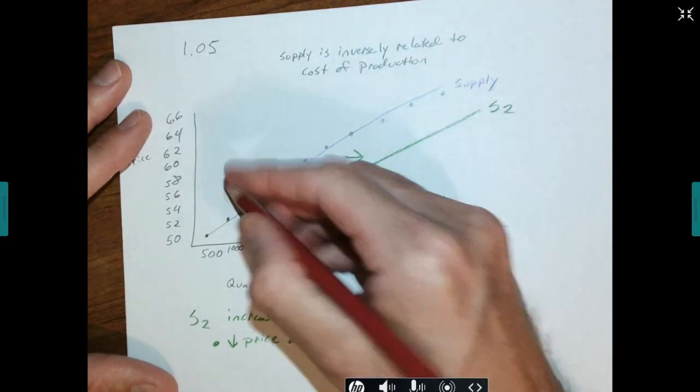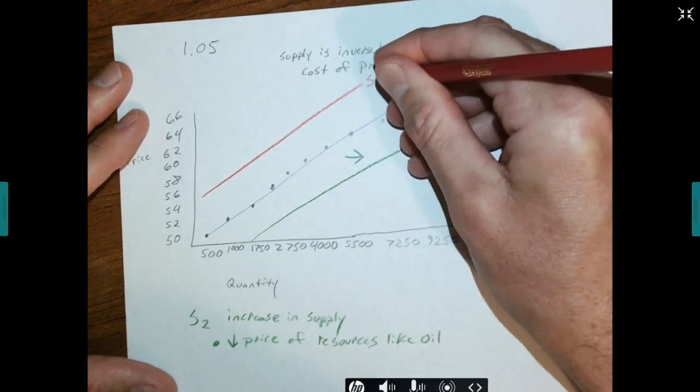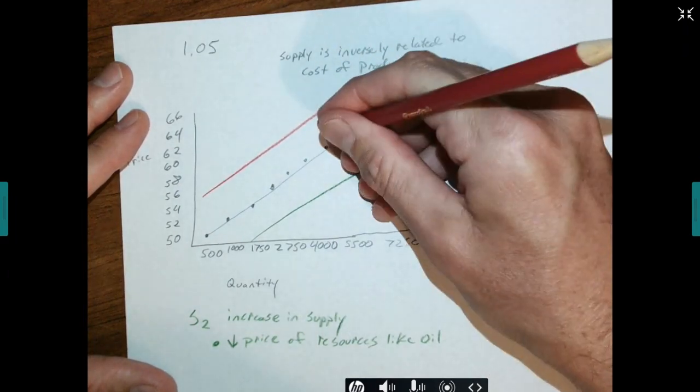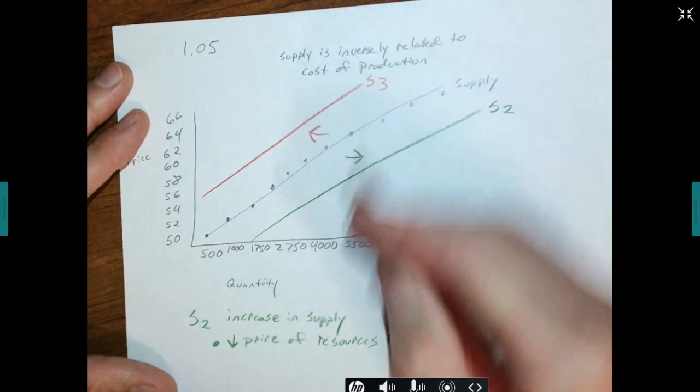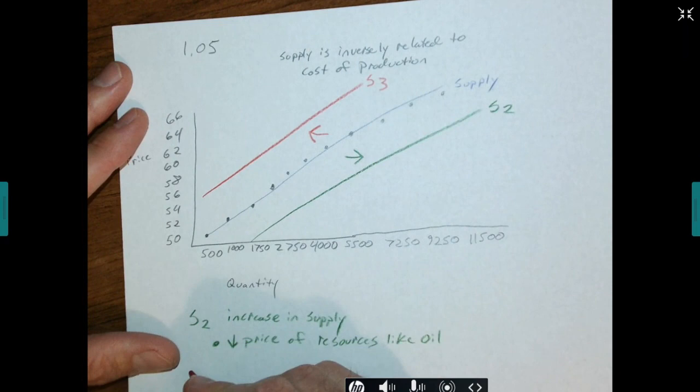Decrease is a shift to the left. So this is your supply 3. This is a decrease in supply. Things are becoming more rare. It costs more to get them. So supply 3, this is a decrease in supply.